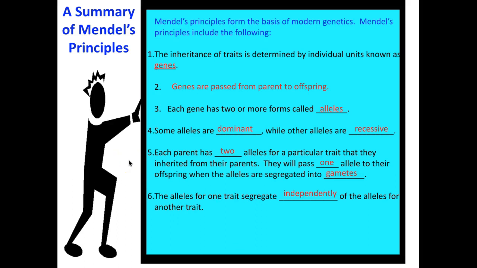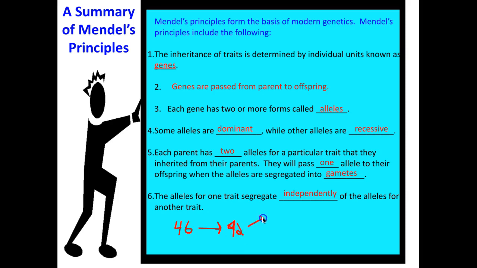If you remember that picture that was shown in an earlier slide, we start out with a cell with 46. We double that in interphase of meiosis 1 to have 92 chromosomes.